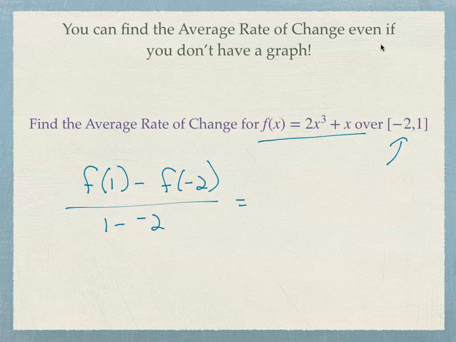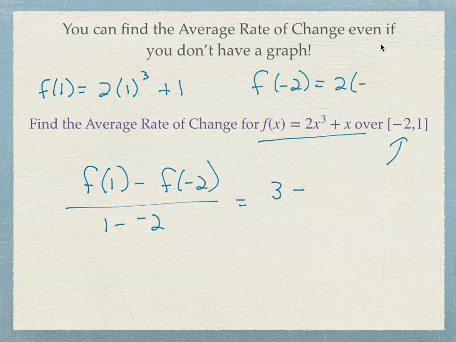So f of 1, if I put 1 into my function, is 2 times 1 cubed plus 1, so 2 plus 1, which is 3, minus f of -2, which is 2 times -2 cubed plus -2.